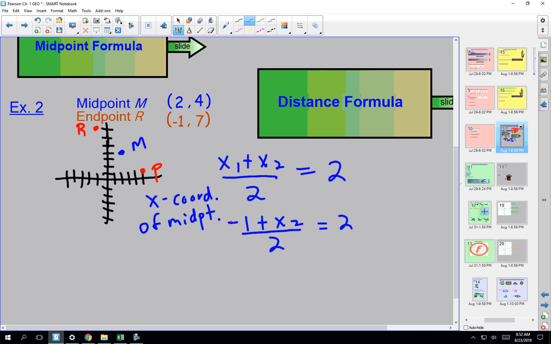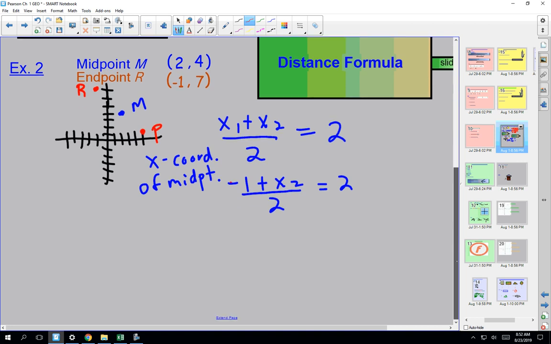The other equation I have, I'll do it maybe over here, y1 plus y2 over 2 has to equal what? 4, yes, because this is the y coordinate of the midpoint.